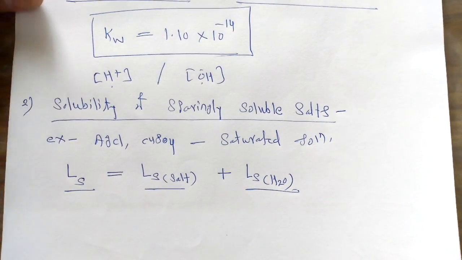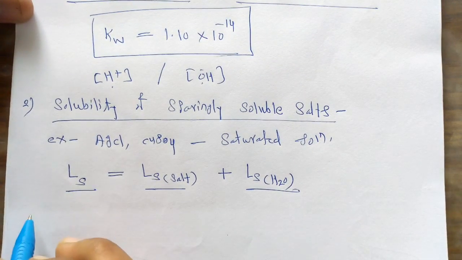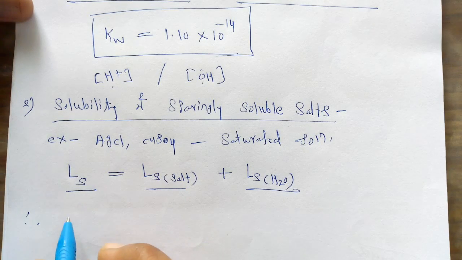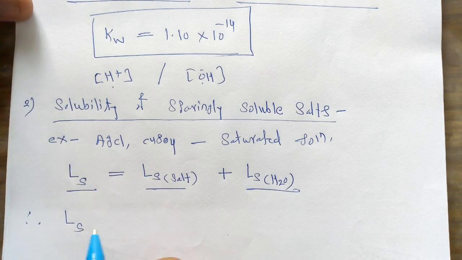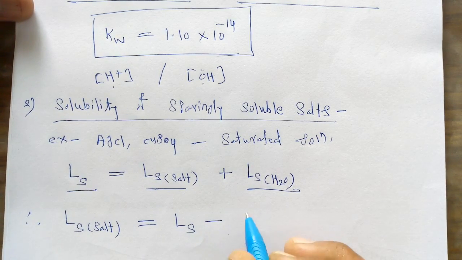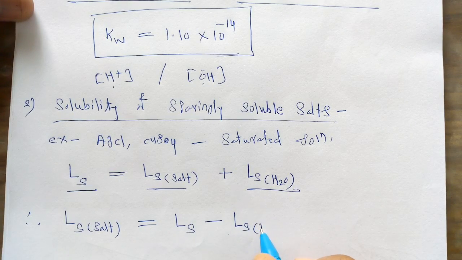Now from this equation, if we rearrange it, the specific conductance of the salt is equal to the specific conductance of the solution minus the specific conductance of the water.